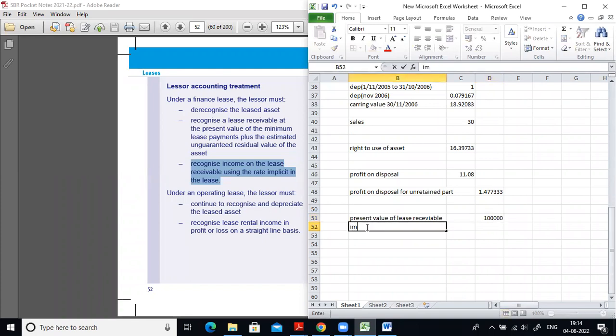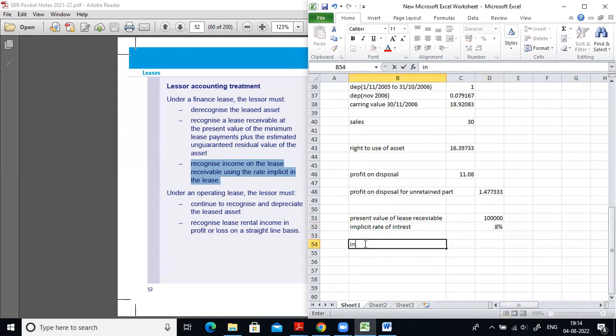Then the implicit rate of interest, the effective rate of interest of the lessor, don't confuse it, is 8%.